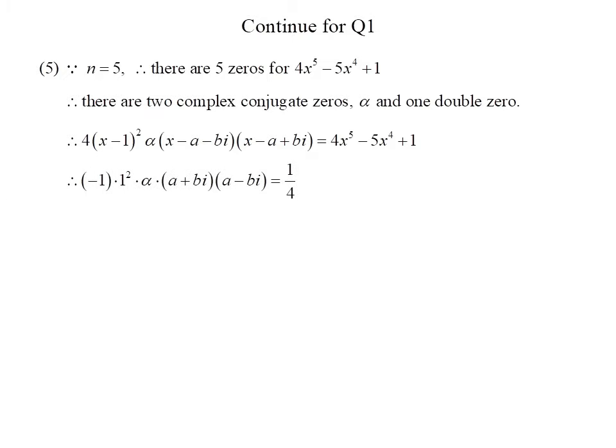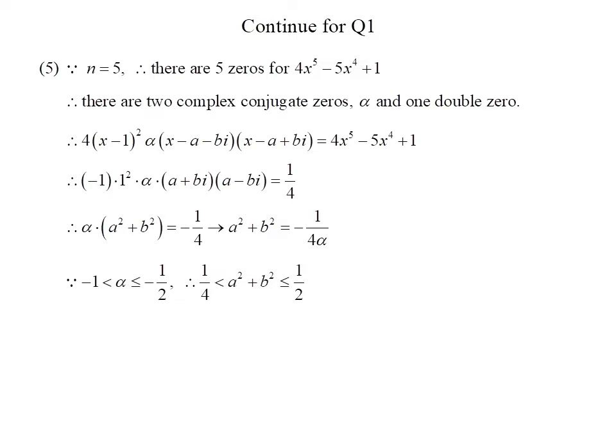So according to the relations between the polynomial zeros and its coefficients we discussed earlier, the product of all the zeros equals 1 over 4. After simplifying, we have a squared plus b squared equals -1 over 4 alpha.